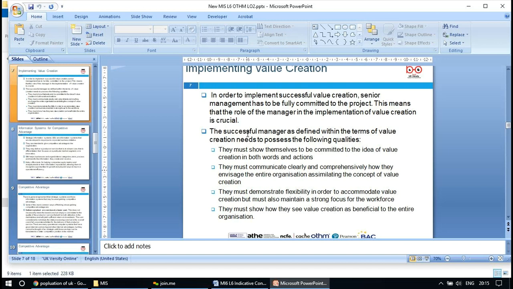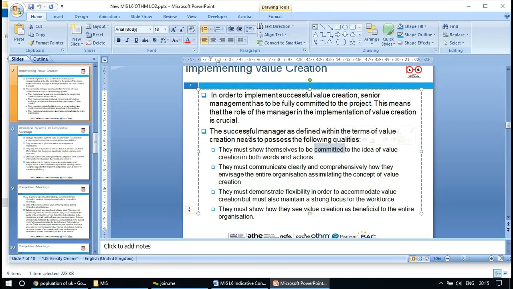So these are some theoretical definitions, but overall, someone who wants value creation implemented should consider these points. Commitment is important.